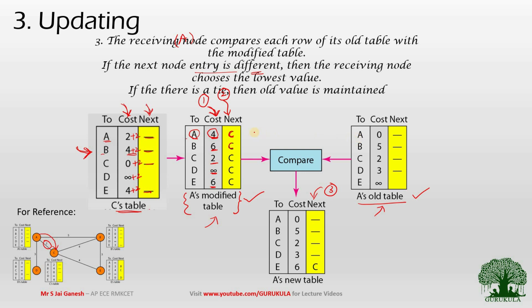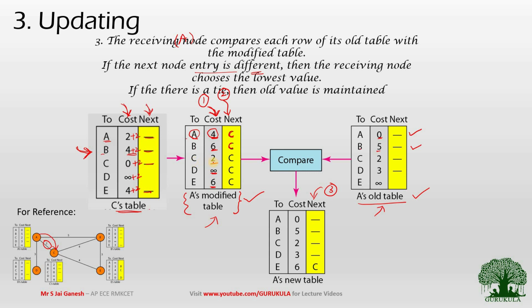So, when comparing these two entries, the old entry is better because we have the lowest cost there. Then checking the second one, A can reach B with a cost of 6 if we go via C. But in the previous entry, A can reach B with a cost of 5, and it is a directly connected node. Comparing the cost, this is the minimum cost, so we will take this entry.